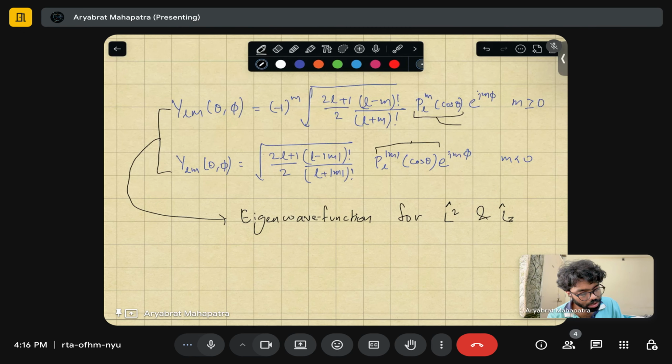These are a special type of polynomial function which appears in these wave functions.